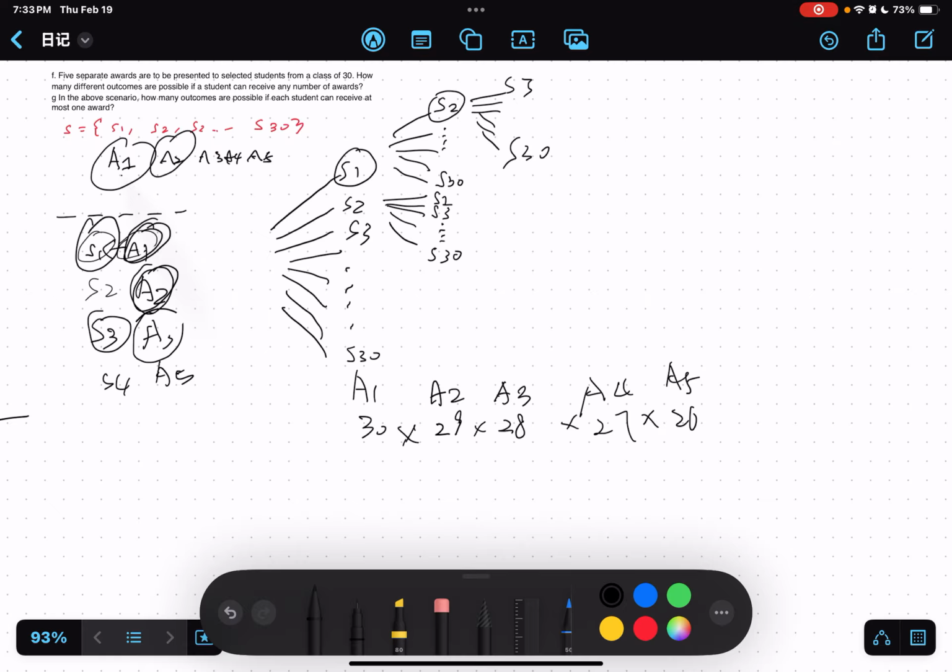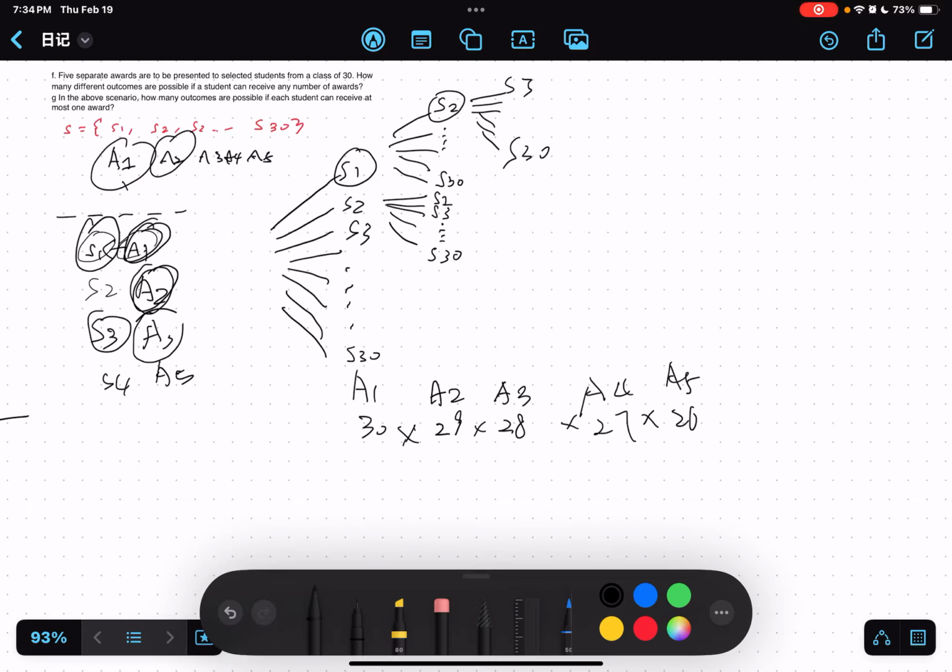When we choose A1, the other ones are all different. So we don't need to divide by the repeated ones, because each award's name is different.